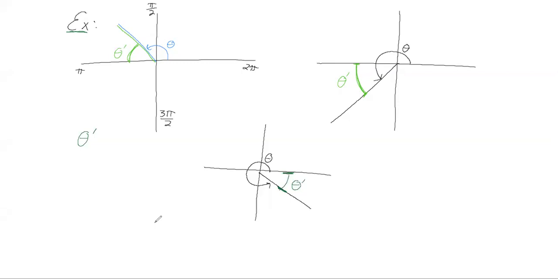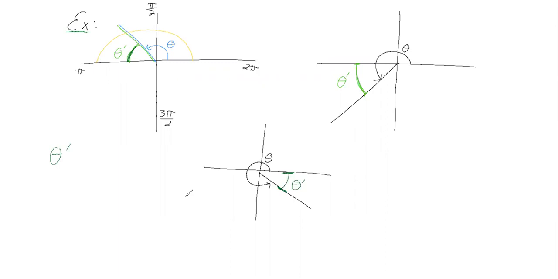Now let's look at how we're going to find theta prime here. If I want to calculate theta prime, the measure of my reference angle that is right here, here's one way I could think about this. This is 180 degrees from here to here.